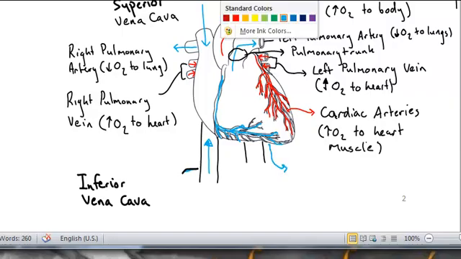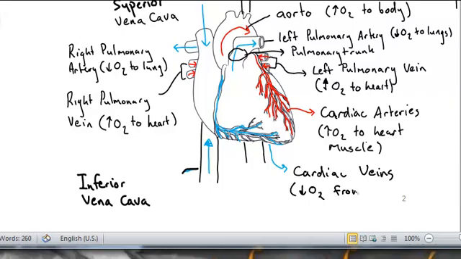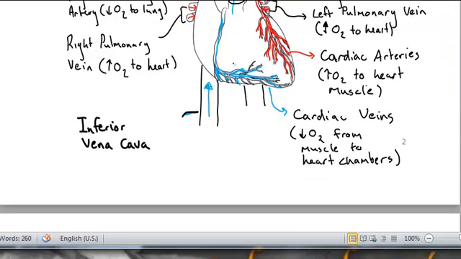So these would be your cardiac veins, that take low O2 from muscle to heart chambers to be pumped to the lung. Okay, so those are the key external features of the heart.